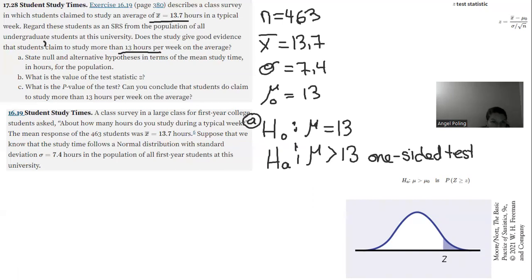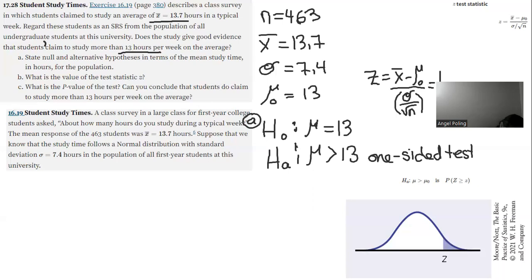Step B, we have what is the value of the test statistic Z? It's up in the corner, but I think the camera's covering it, so I'm not sure if you can see it, but I have been writing it every time nonetheless. So we're going to find our Z score. Z equals X bar minus mu naught divided by the standard deviation, sigma over root n.